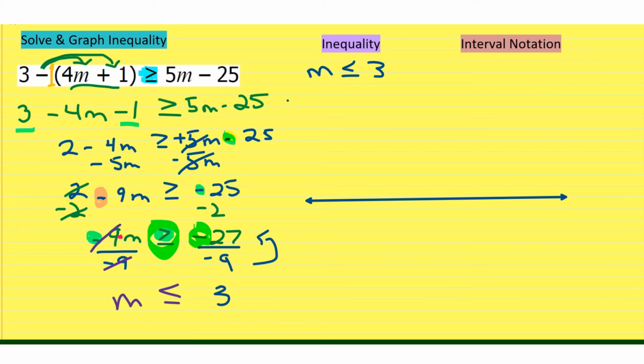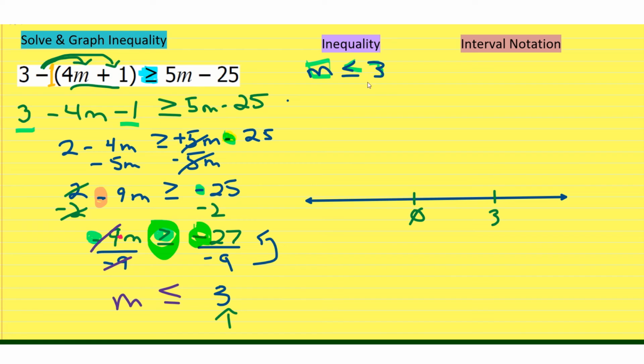So there's my graphing line, and I have a 3 here. If we want to, we could stick a 0 on there just for fun. And here's our 3. And we need to look at our inequality. It says that m is less than the 3.